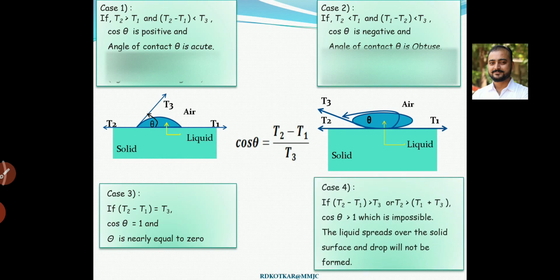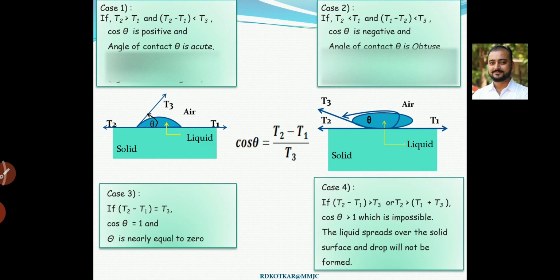Now case 4, what is that? T2 minus T1 is greater than T3. Now observe, out of all these cases, this is different. In the previous cases 1 and 2, the numerator is smaller and the denominator is greater. Here the numerator is greater and the denominator is smaller.